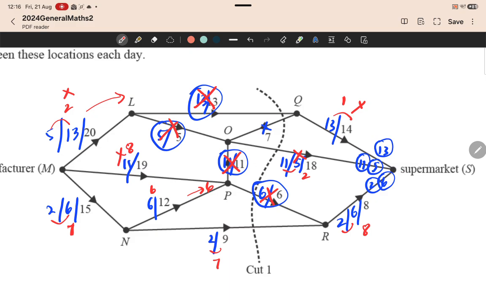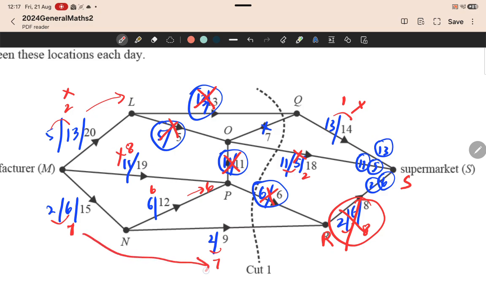So if we increase any one edge, sorry, this actually has reached maximum capacity, right?